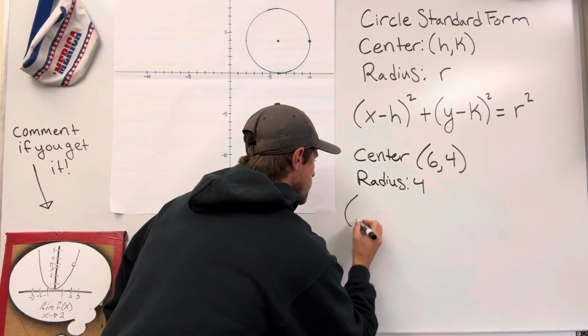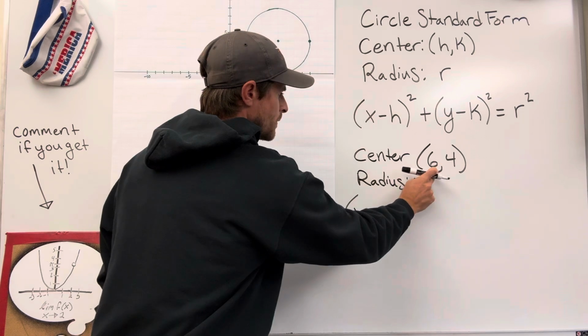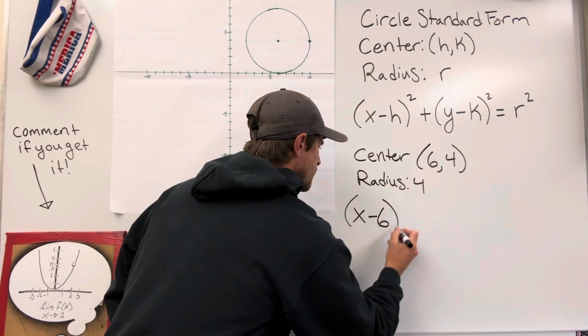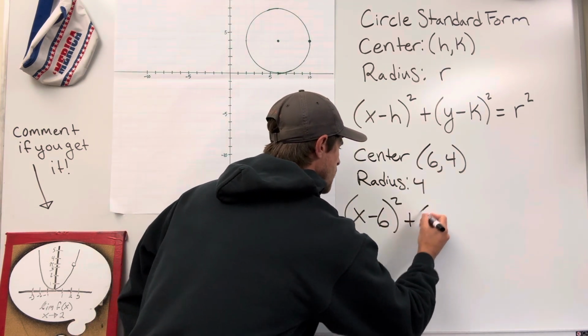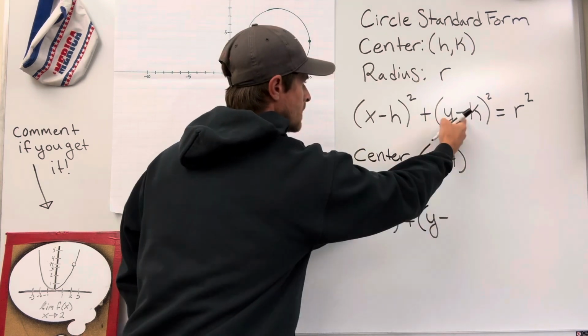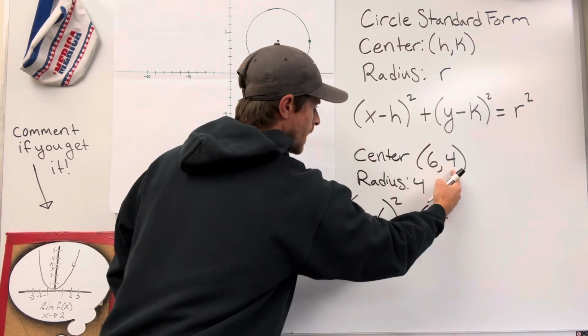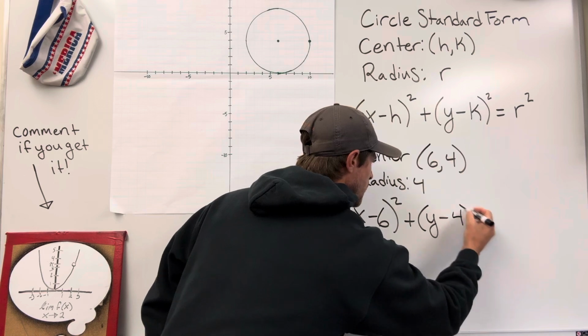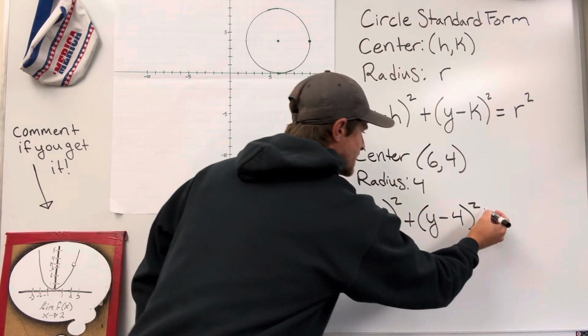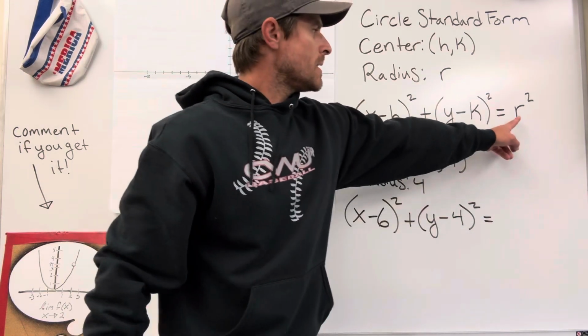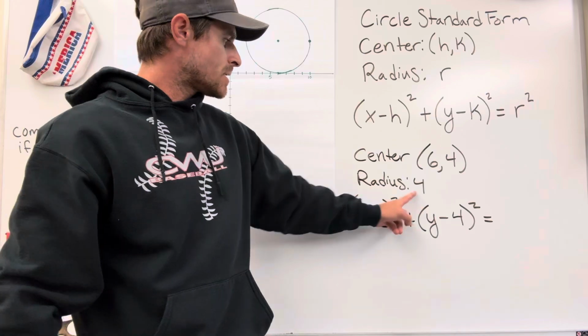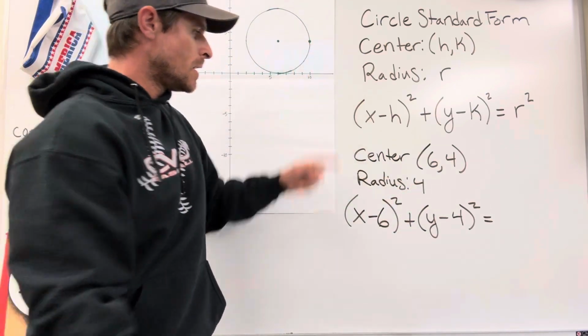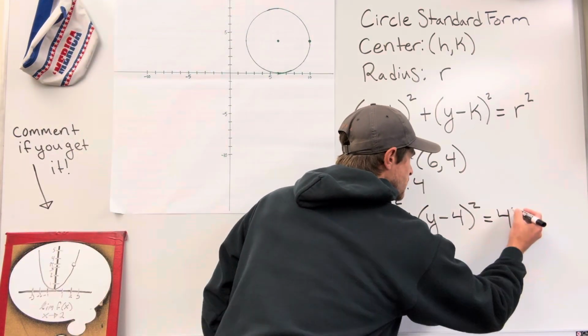So here we go. x minus, put the information in, 6, make sure to square it, plus y minus k, my k is my y value for the center, 4, don't forget to square it, is equal to radius squared. We found the radius to be a distance of 4 units, so I need to take 4 and square it.